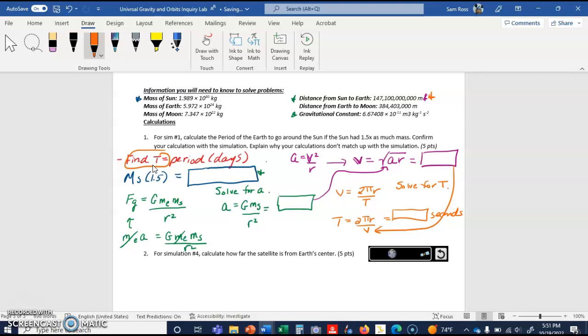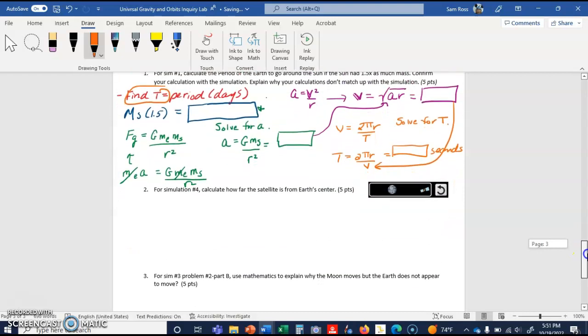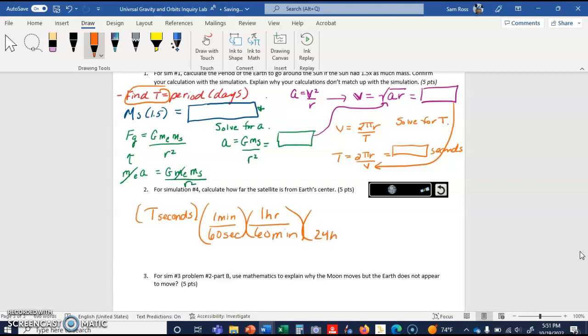Okay, I'm going to scroll down here, and I'll have to erase this before I do the next one. But once you have T in seconds, to get it to days, you're going to have to divide it by 60 seconds equals 1 minute, 60 minutes is equal to 1 hour, 24 hours is equal to 1 day.